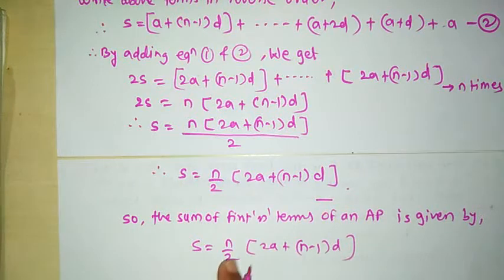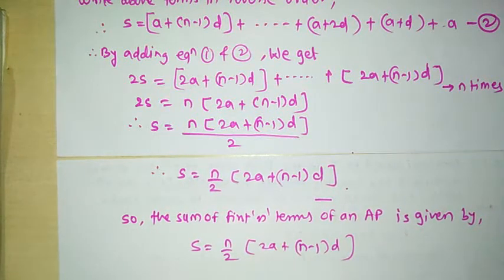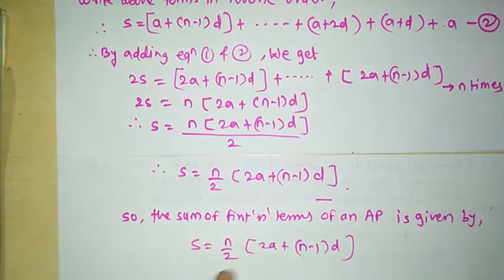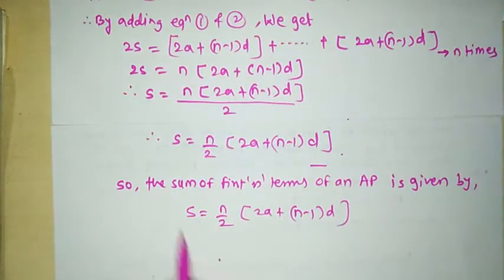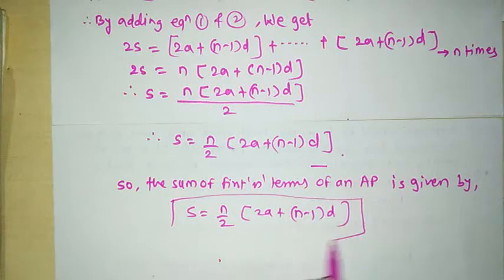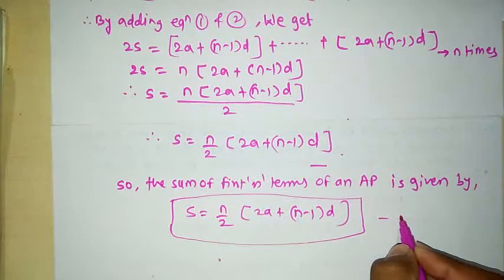We can find the sum of the first n terms of an AP by using this formula. This is equation number 3.